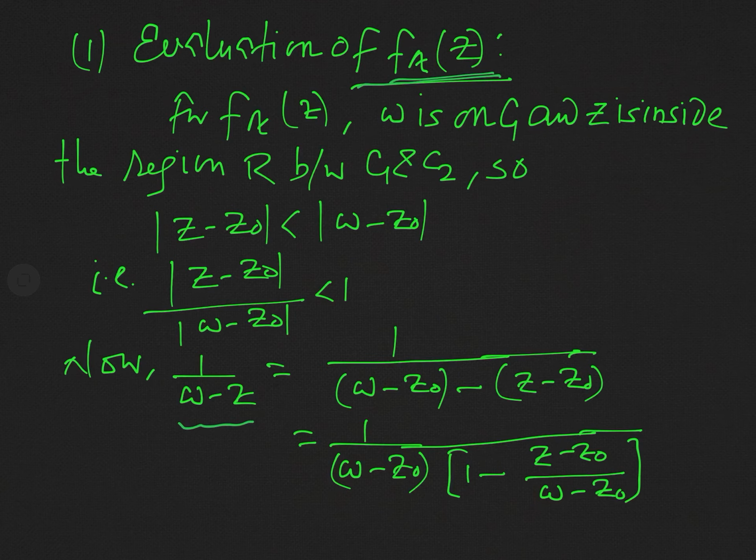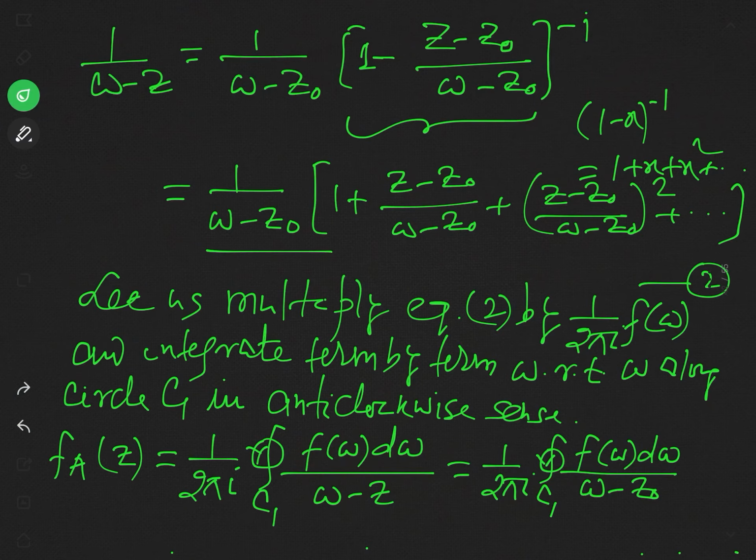The first term will be 1 and the second term will be Z minus Z0 over W minus Z0. Now let us take this factor 1 minus Z minus Z0 by W minus Z0 in the numerator, and in that condition this will be 1 minus Z minus Z0 by W minus Z0 whole to the power minus 1.